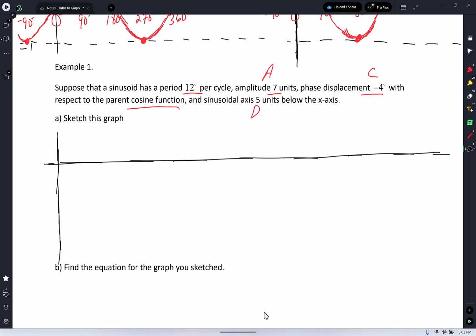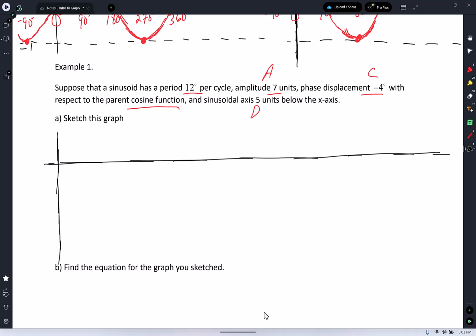I couldn't have done anything else. It tells me that I'm 5 units below the x-axis. I guess I could have done quadrant 3, but I want to have positive thetas. So that's why I chose quadrant 4, because I don't want to have negative thetas. I'll probably have a little bit of negative, but not a lot.